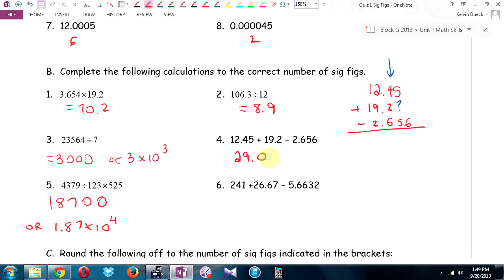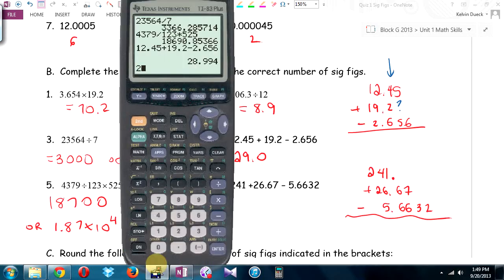But since this is a quiz, I'll show my work. 241 plus 26.67, take away 5.6632.